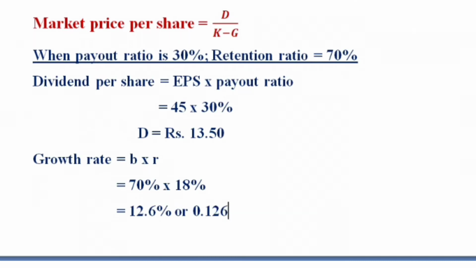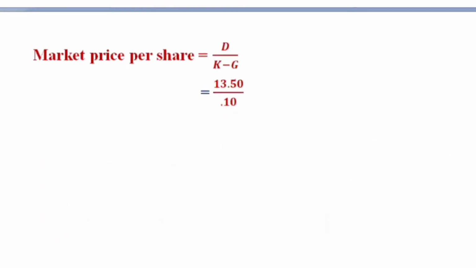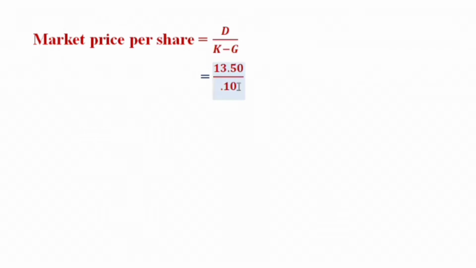Now we know the dividend per share and the growth rate. Which is the missing figure in the problem? The market price per share. You know the formula: D divided by K minus G. Dividend per share is 13 rupees 50 paise, divided by cost of capital 0.18 minus 0.126.